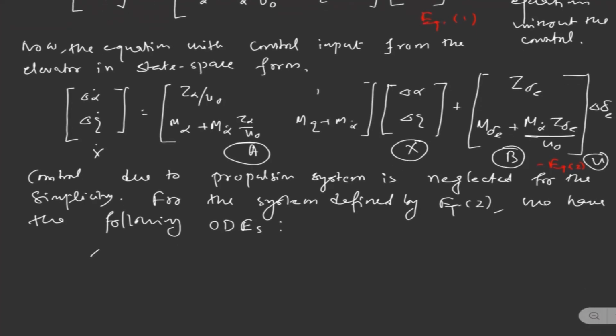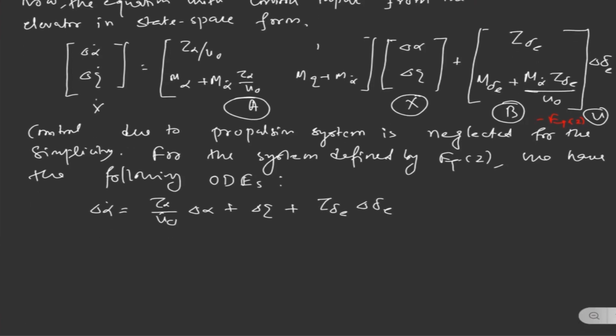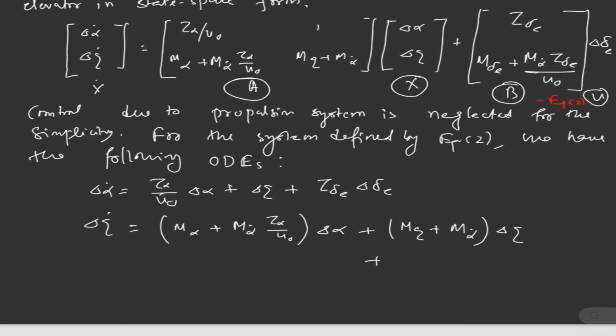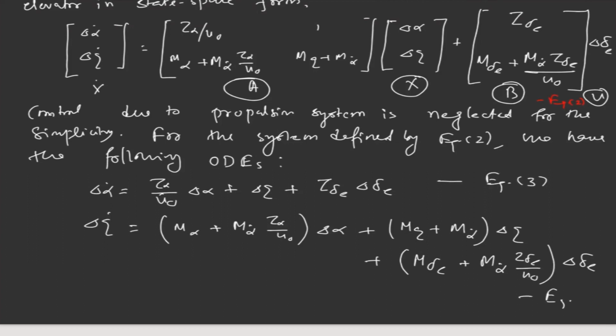The first equation: delta alpha dot equal to Z alpha divided by u naught times delta alpha plus delta q plus Z delta E times delta E. And the second ODE: delta q dot equal to M alpha plus M alpha dot Z alpha by u naught times delta alpha plus M q plus M alpha dot times delta q, and the term due to the control, M delta E plus M alpha dot Z delta E by u naught times delta E. Let me define this as equation number 3, and this is equation number 4.